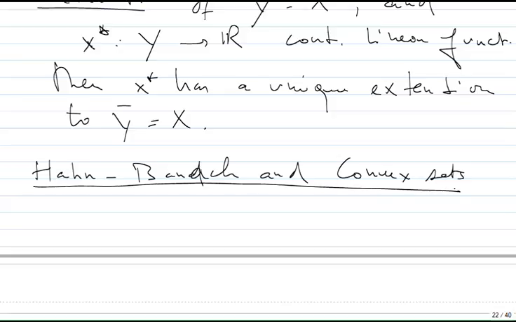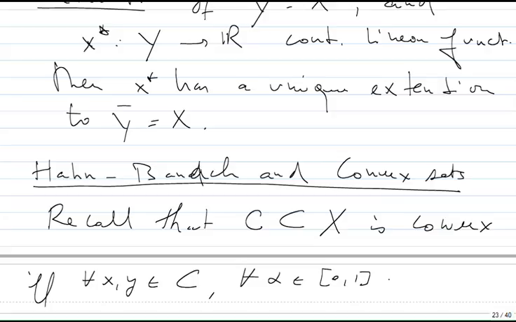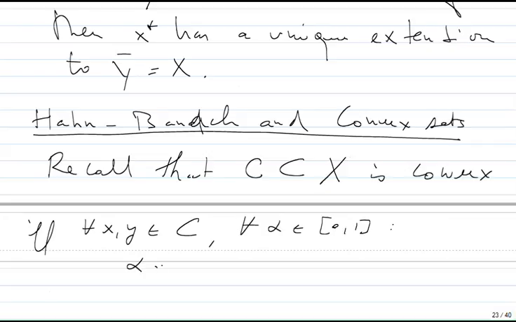Okay, so recall that C subset of X is convex if and only if for any x, y in C, for any alpha in [0, 1], we have the segment, alpha x plus 1 minus alpha y, which belongs to C. Or the segment xy belongs to C.